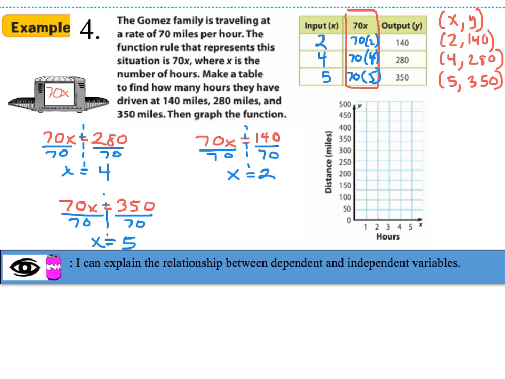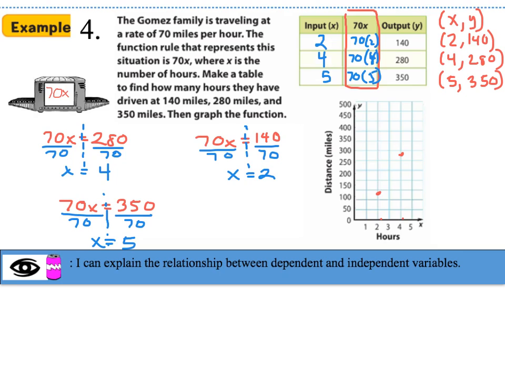We're going to start with (2, 140). So I'm going to go on my x-axis, go over to 2. And I'm going to go up to 140, which is about this location right there. It doesn't touch the 150 mark. And then let's go ahead and go to (4, 280). So 280 would be right before the 300 mark.